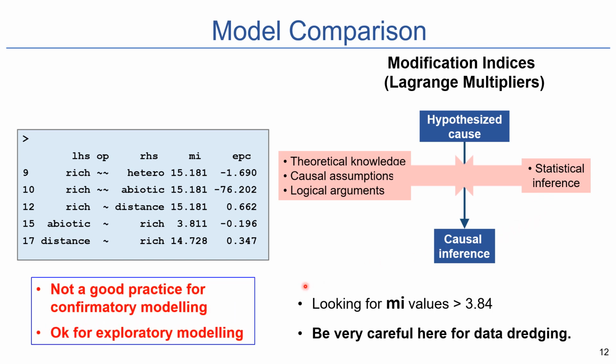And I also want to mention here that this is not a good practice for a confirmatory model, when we want only to confirm our specific hypothesis. However, structural equation modeling can also be used for exploratory modeling. So in that case, when we search for the links based only on statistical inferences, such an approach would be fine.